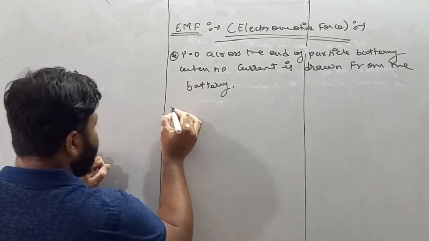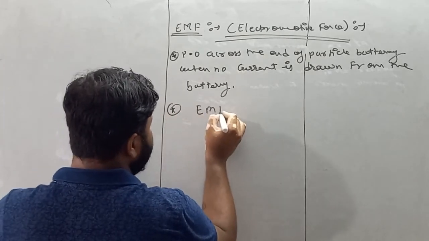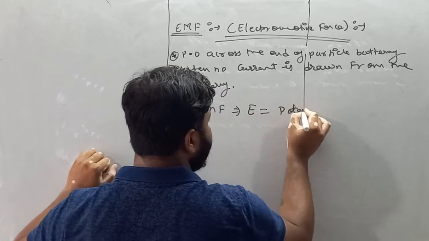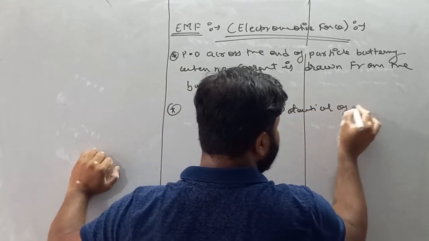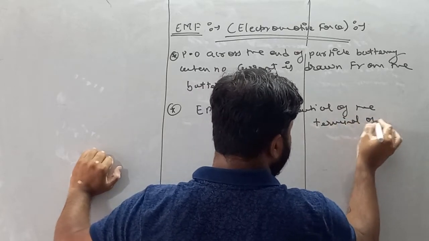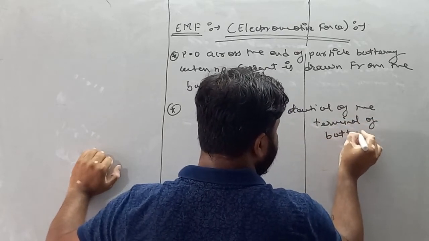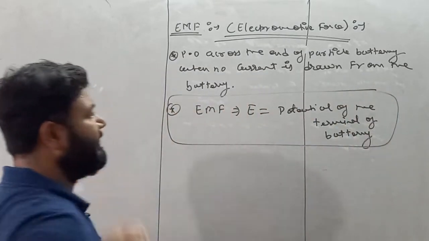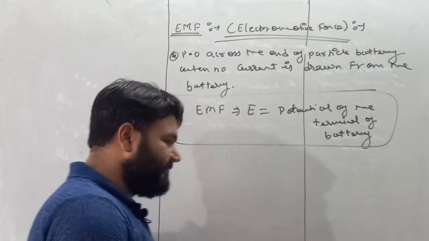And remember, EMF is represented by E and it equals the potential of the terminal of the battery. Remember, EMF is nothing but the potential of the terminal of the battery. And what is the meaning of EMF?